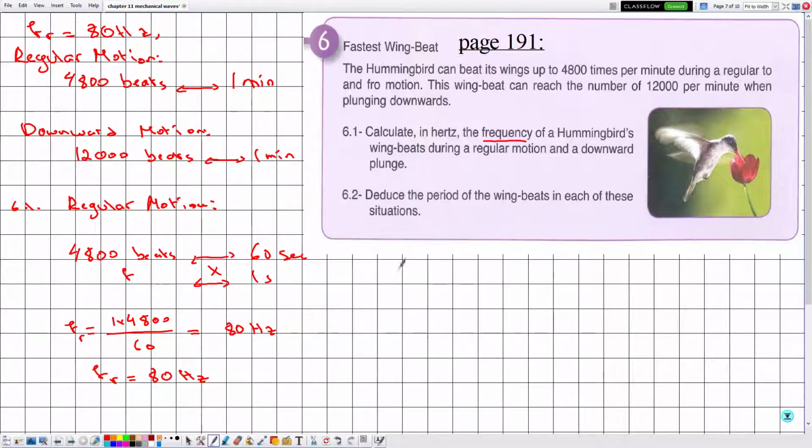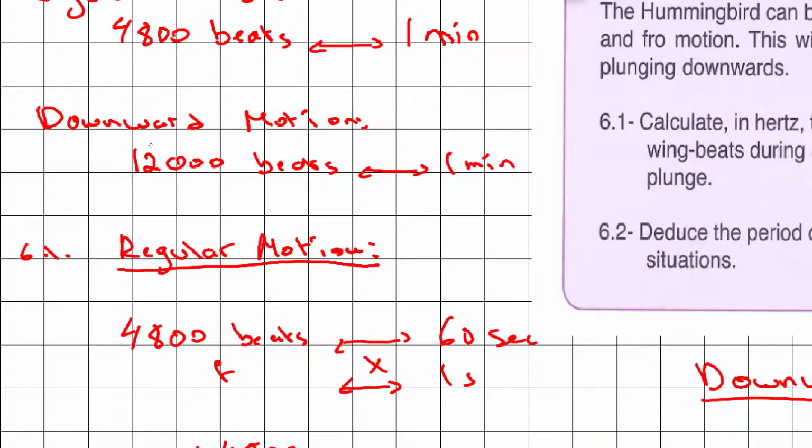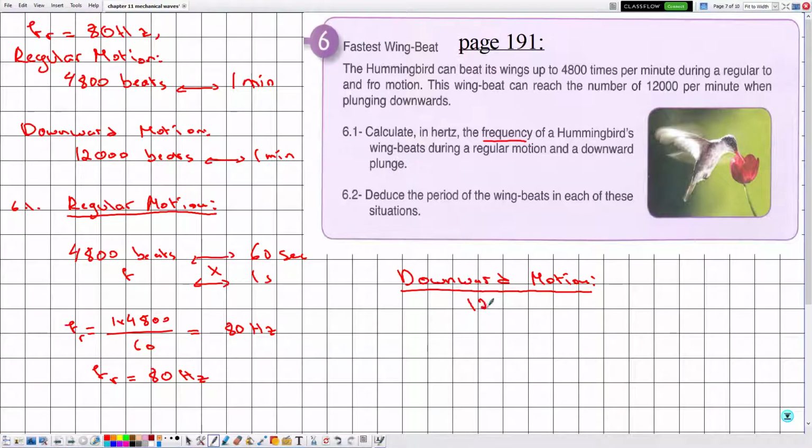Now as for the downward motion, we will repeat exactly the same steps. We know that each 12,000 beats corresponds to 1 minute.